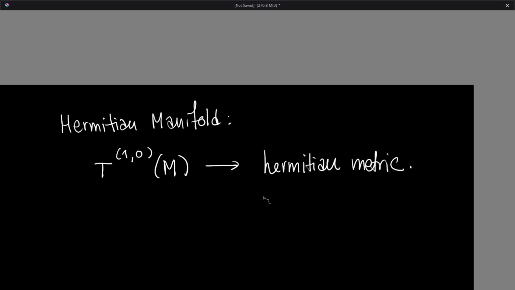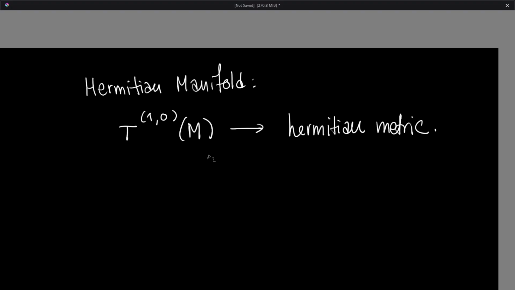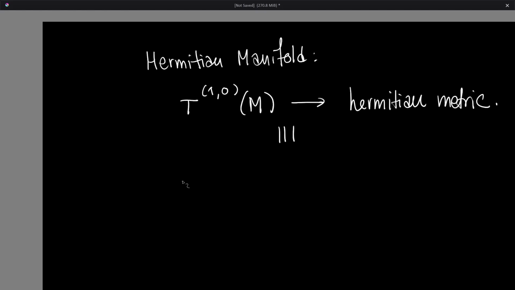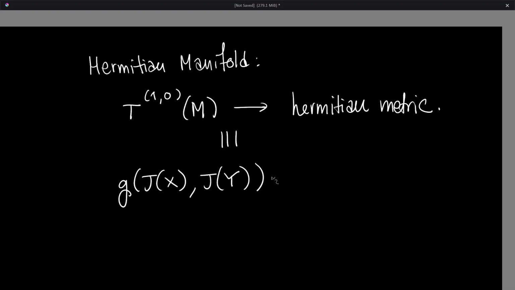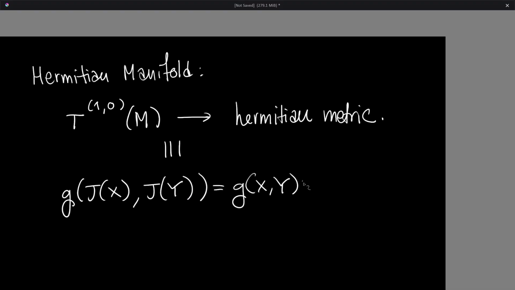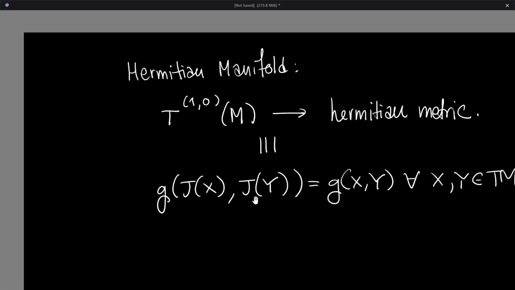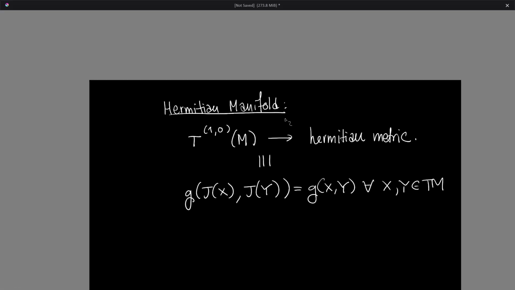So that's an important thing to note. This is actually equivalent to saying that it has a Riemannian metric that satisfies g(JX, JY) equal to g(X, Y) for all X, Y in TM. So these are equivalent ways of defining a Hermitian manifold.